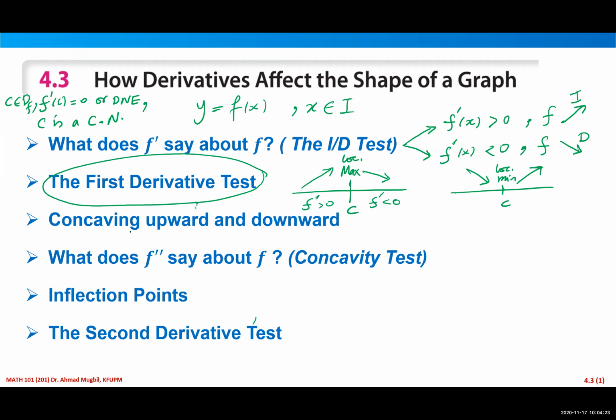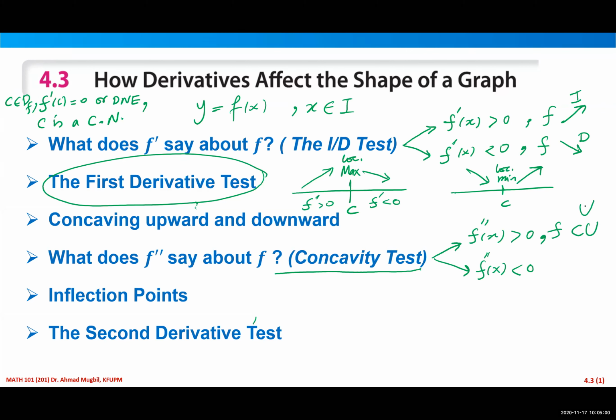So you know what we mean by concavity up and down. The concavity test is about what the second derivative tells us about the original function. Do you remember the concavity test? It is about if the second derivative over some interval is positive, what do we have, and if it is negative, what do we have. If the second derivative is positive, this means that the graph of the function will concave up.